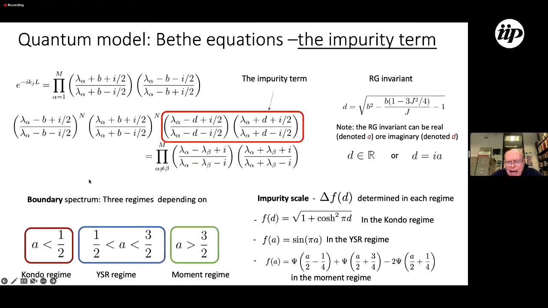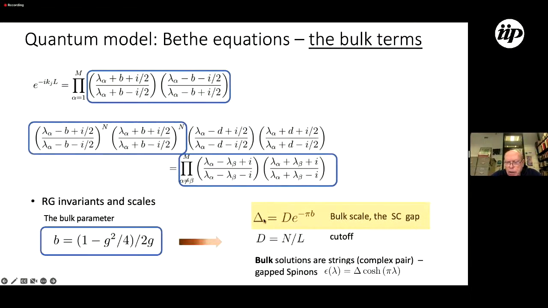So these are the Bethe-Ansatz equations, and we are going to discuss the solution for various regimes in D. D does not get renormalized. B is running because it is part of the bulk. I am going to hold delta fixed, that is the bulk gap, as I send the cutoff D to infinity, and B will go to 0 so that the bulk is invariant under renormalization.